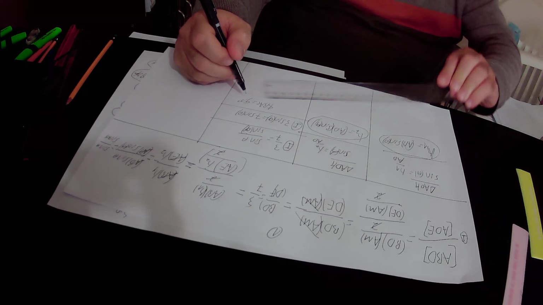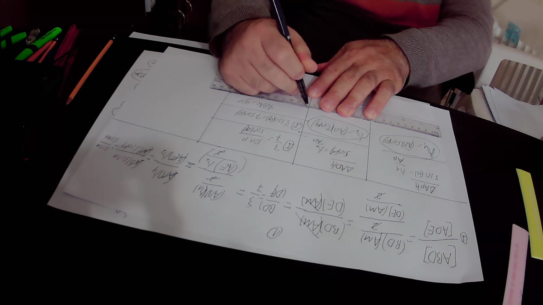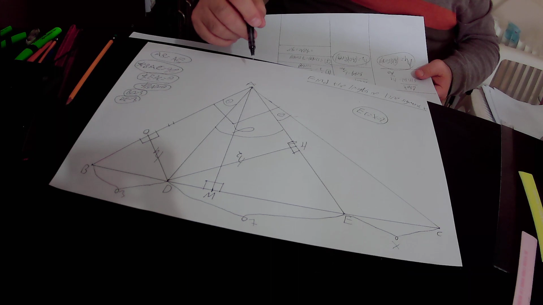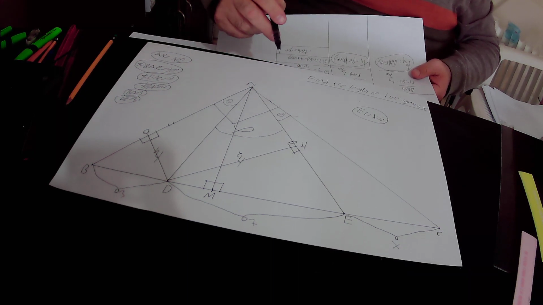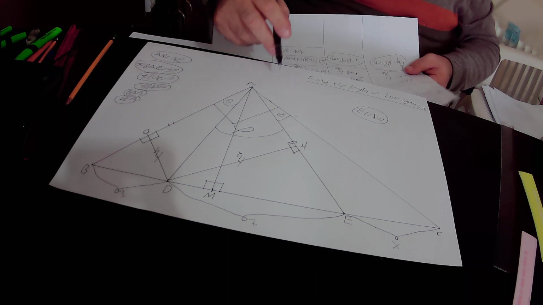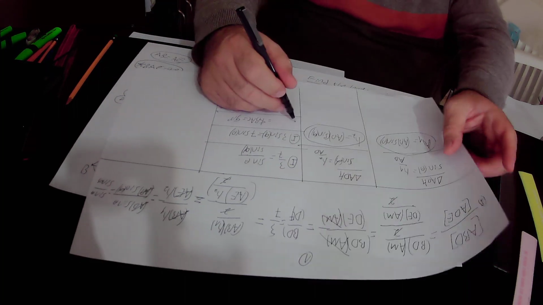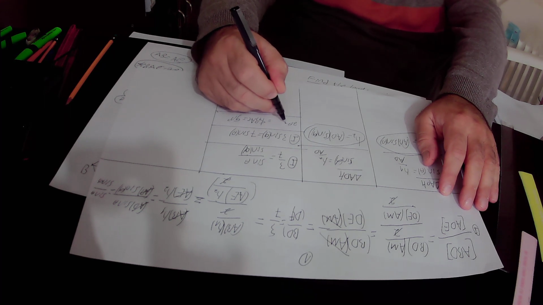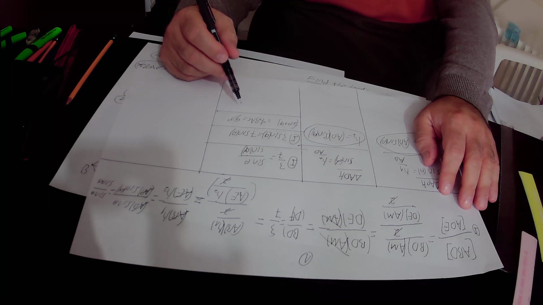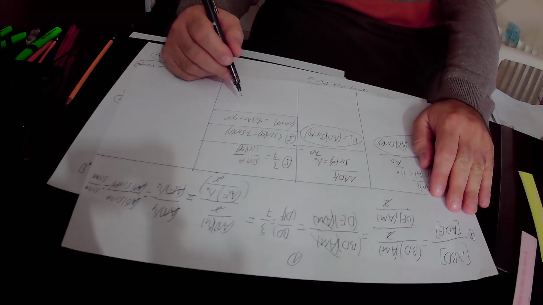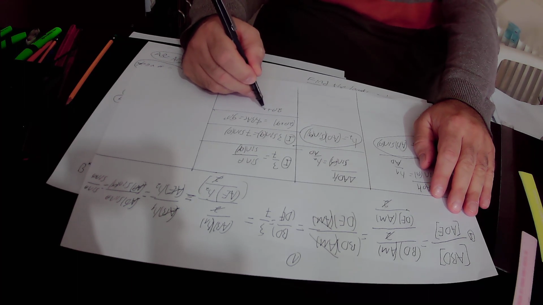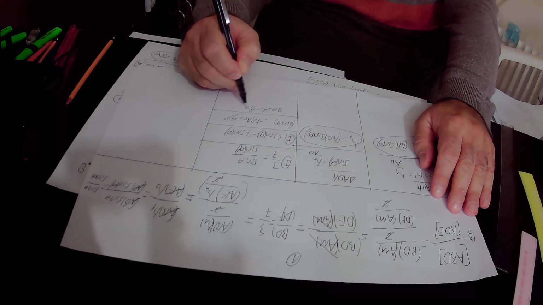But from the other side, angle BAC is also equal to theta plus alpha plus theta. That is to say, angle BAC from the other side equals 2 theta plus alpha. So from this equation, 2 theta plus alpha equals angle BAC equals 90 degrees, we will derive that 2 theta plus alpha is equal to 90 degrees.